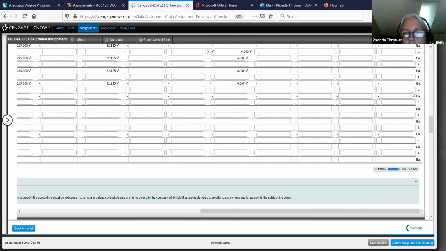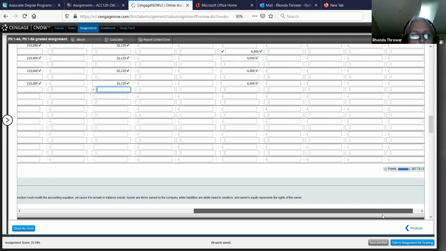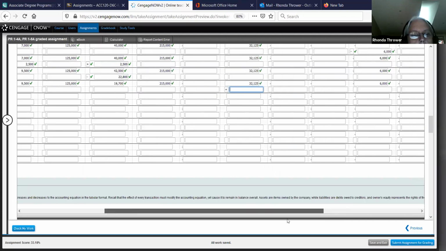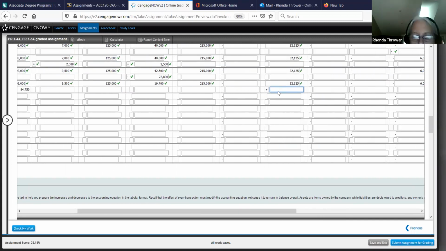And so if I follow my G transaction to my revenue, I would put that amount in, follow your G transaction for your revenue, and I'm going to put a plus sign in there, and I'm going to put the amount that I charged those customers, or the amount that I invoiced those customers, which was $84,750.